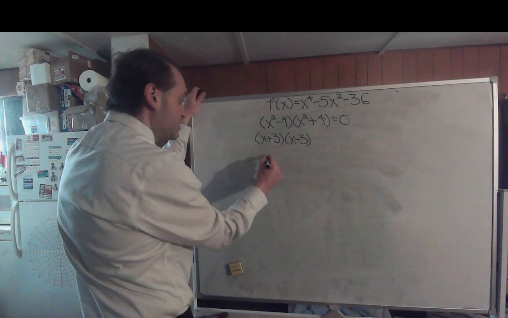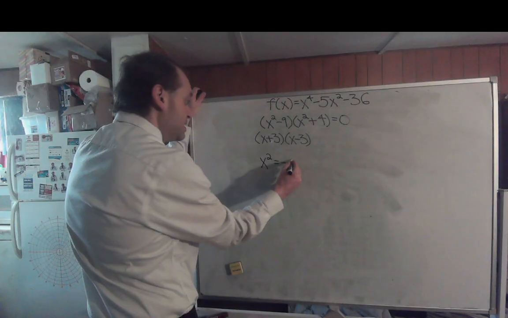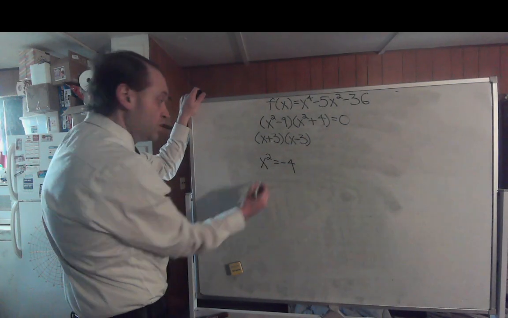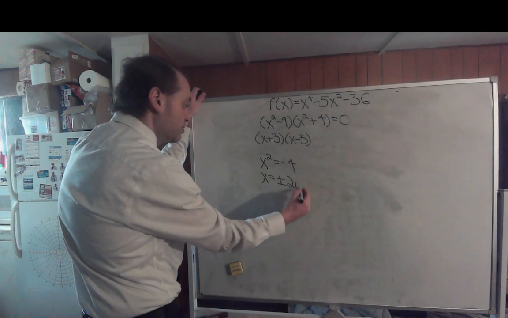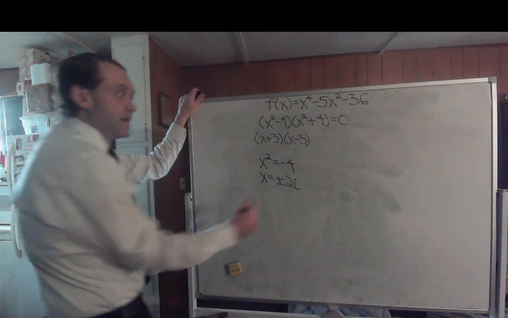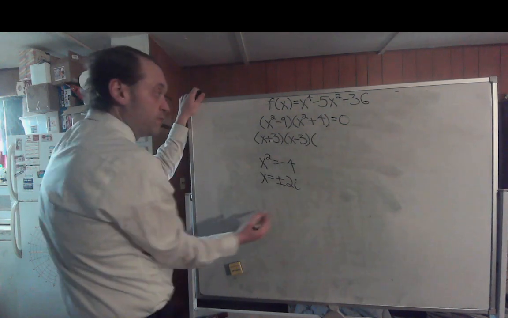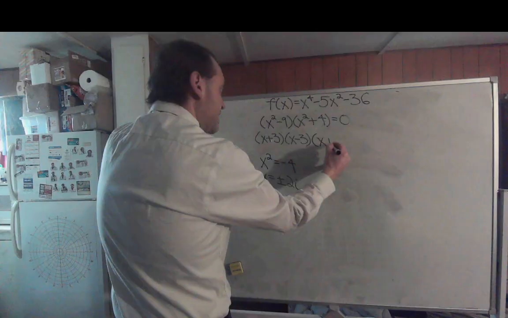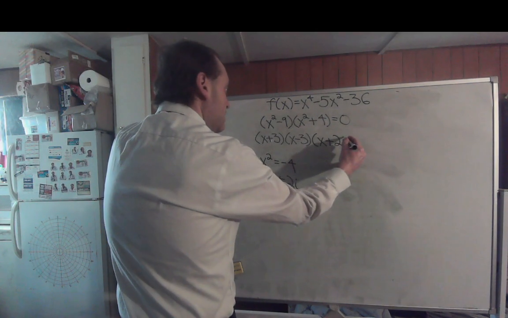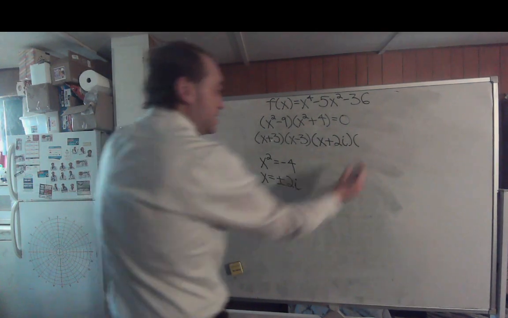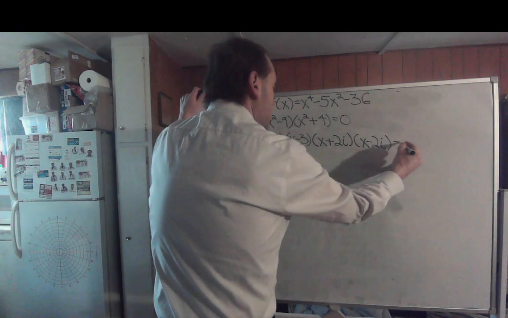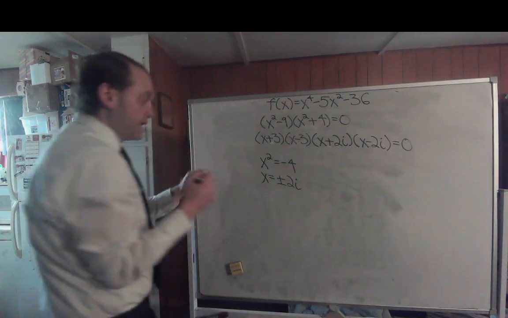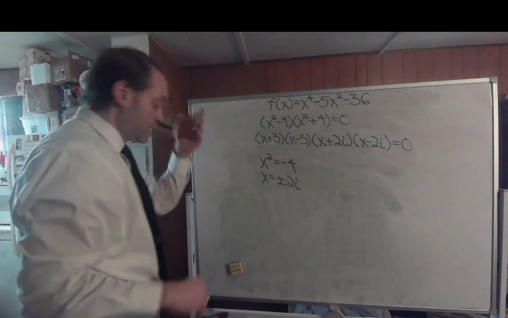Well, you would get x squared equals negative 4, which would simply give you x equals both plus and minus 2i. So what does that mean? That x squared plus 4 will factor into the quantity of x plus 2i times the quantity of x minus 2i. All that equal to 0. So now we have 4 linear factors.